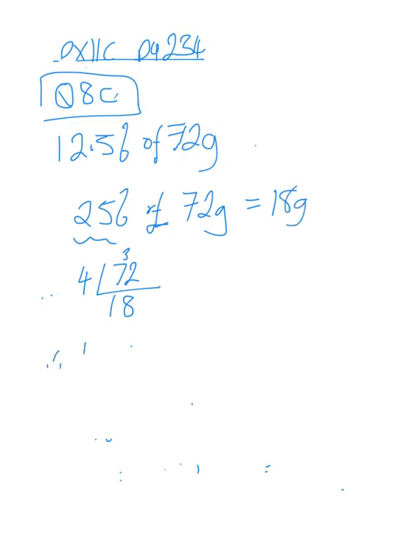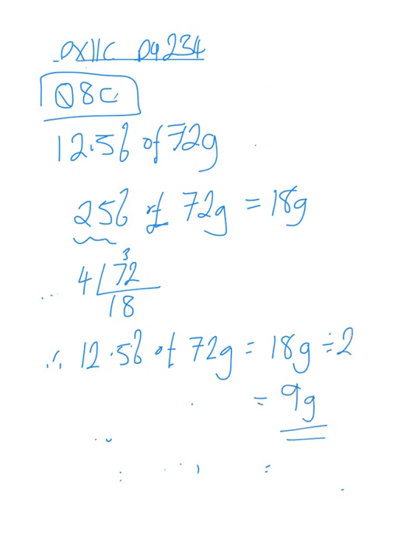Therefore, 12.5% of 72 grams is going to be half of 18 grams. So it's going to be 18 grams divided by 2, which is 9 grams. So it's a case of looking at your percentages, looking at your numbers, and just practice.